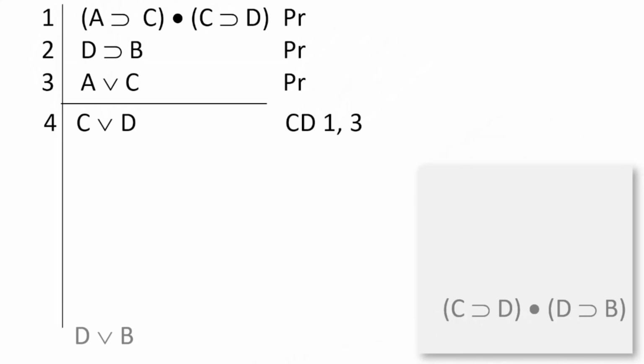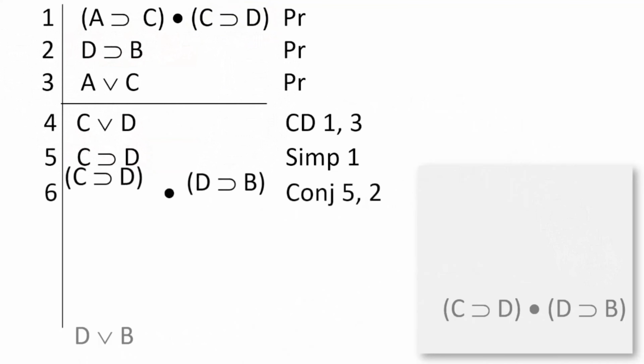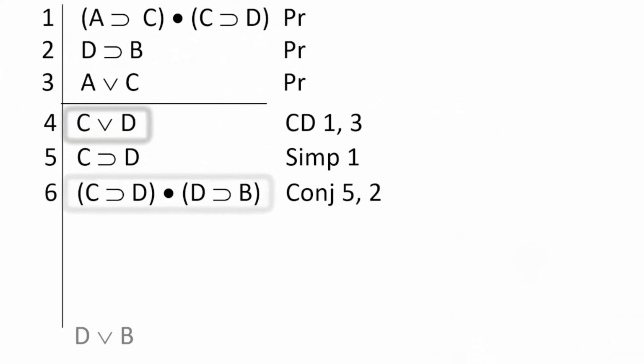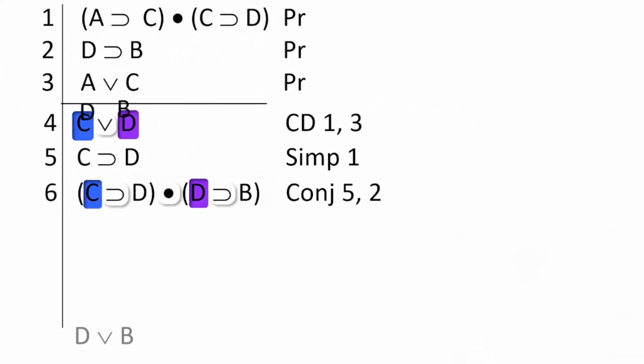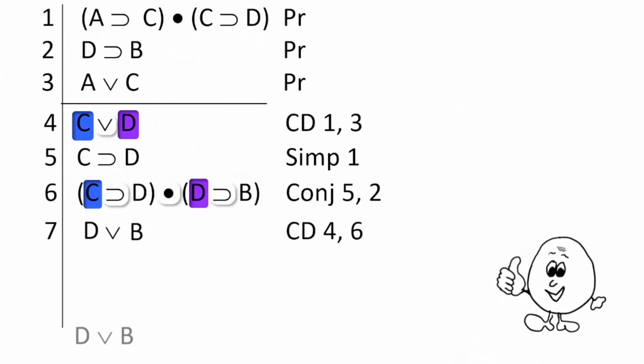The first conditional, if C then D, we can obtain by simplification from line 1. And we do have the second conditional in line 2. We then conjoin the two conditionals in line 2 and line 5. And now we are ready to apply constructive dilemma to obtain the conclusion. We got what we wanted. We are done.